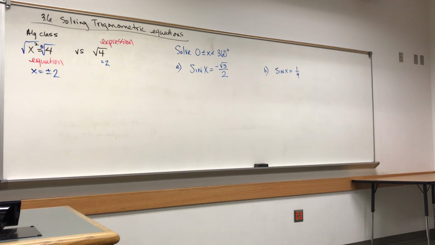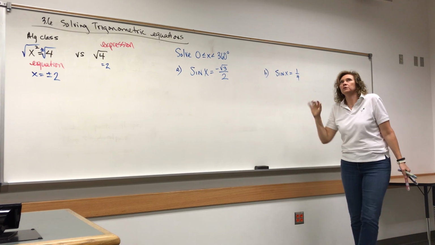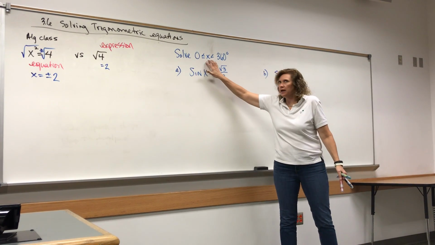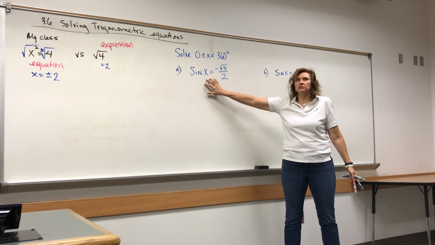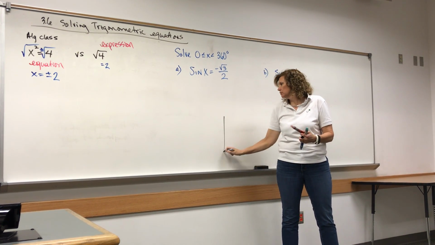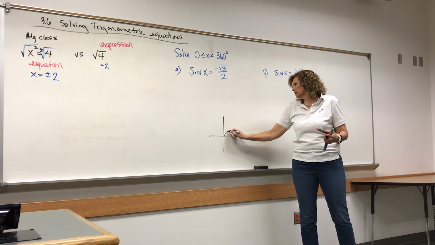Okay, so we're going to solve. We want all the angles. Now, there are an infinite number of angles that make this true, right? If we just think of the sine curve.